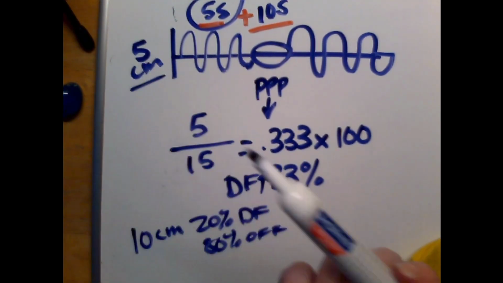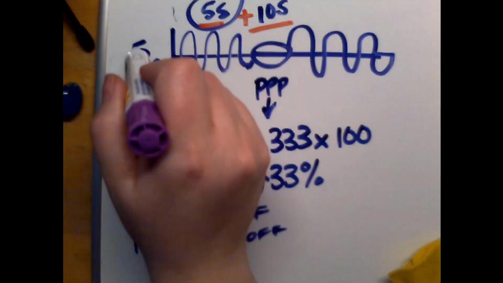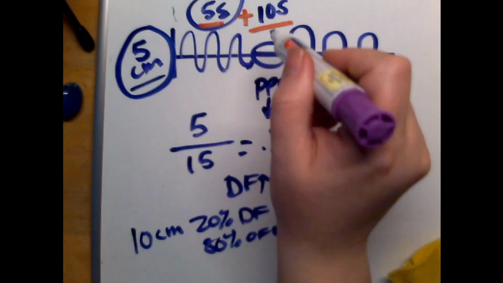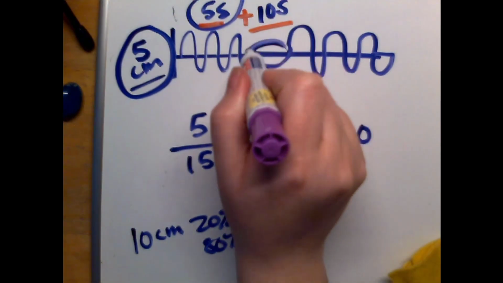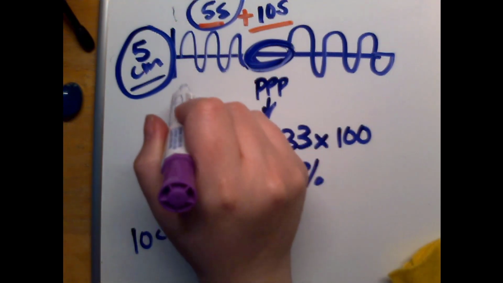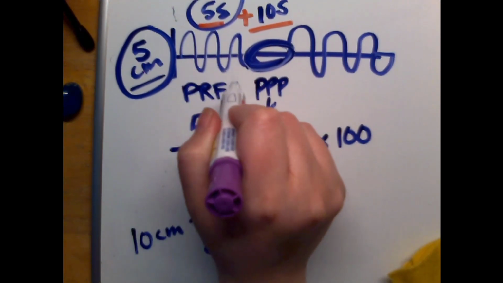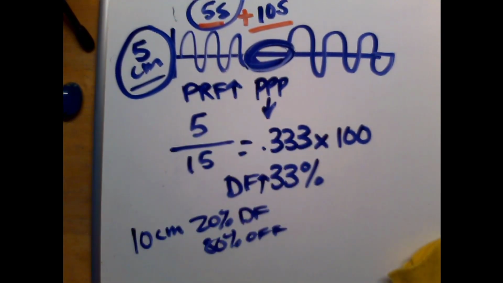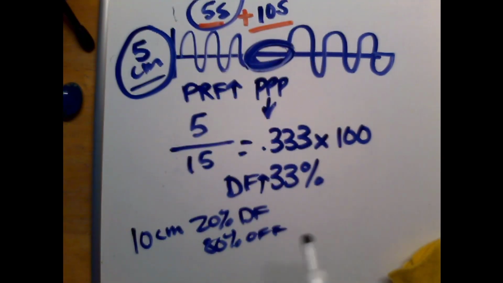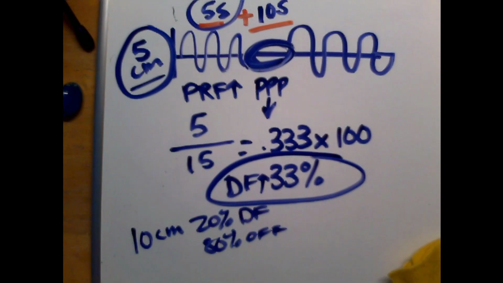So that proves that when we decrease our depth, image shallow, our PRP decreases because our off time decreases, and because of that, our PRF is going to increase. And if our PRF increases, we have more pulses, we're pulsing a greater percentage of the time, so it makes sense that our duty factor will also increase.